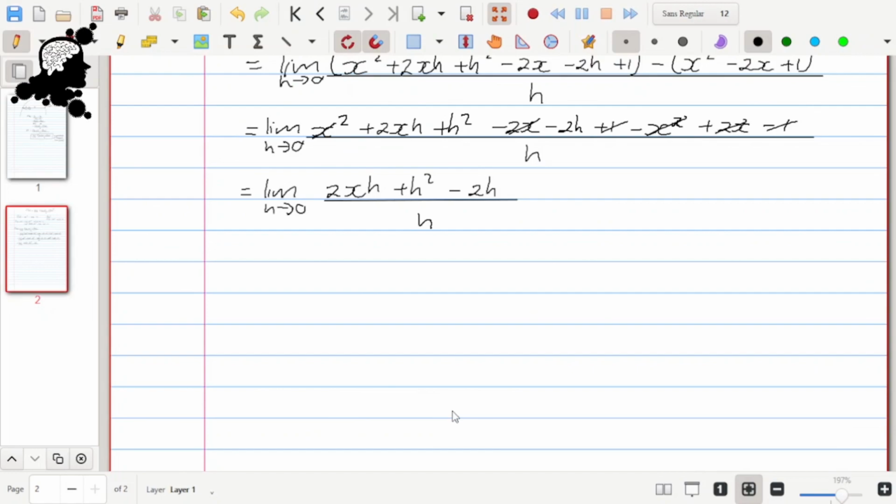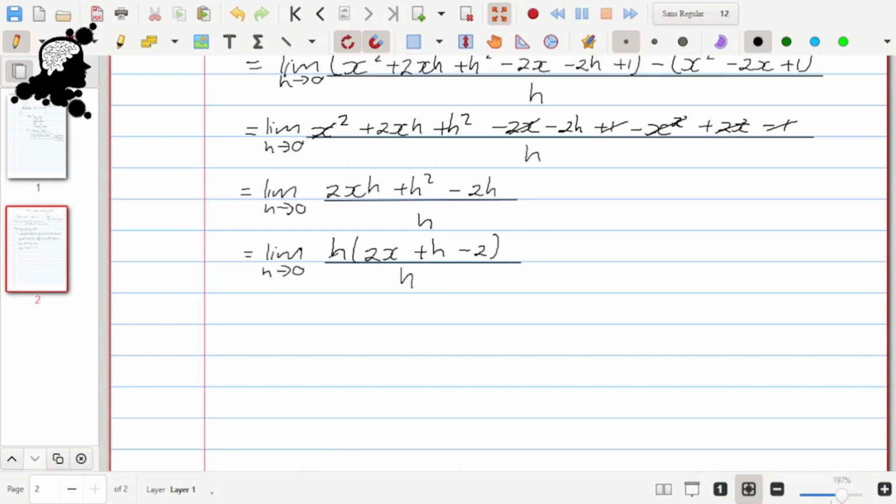Now when you get to this point, you will notice that we have a common factor. So we could take out a common factor on the numerator. So this is the limit as h approaches 0. Our common factor is h. We remain with 2x plus h minus 2, and this is divided by h.